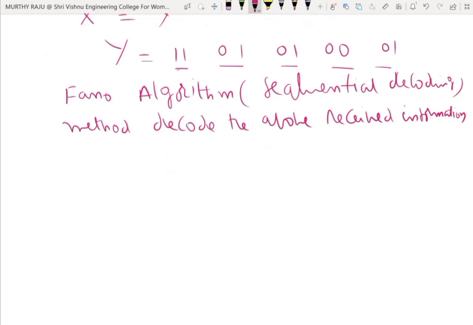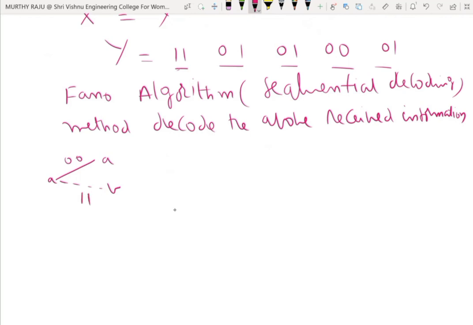Again, we use the same state diagram here. A to A, input bit is 0, solid line, output is 0 0. A to B, dashed line, input bit is 1, the output is 1 1. Solid line means input bit is 0. Dashed line means input bit is 1.